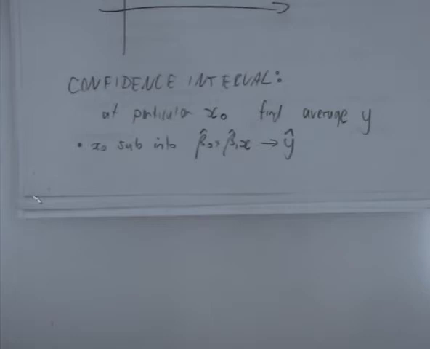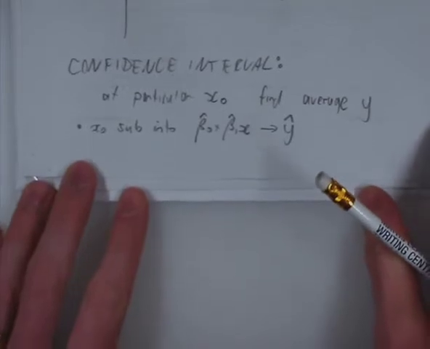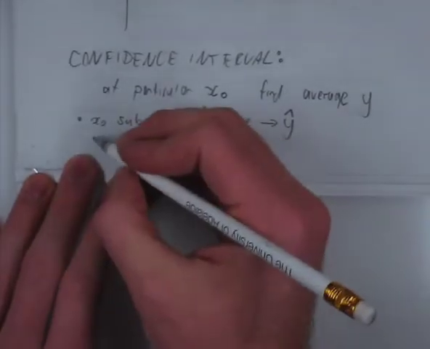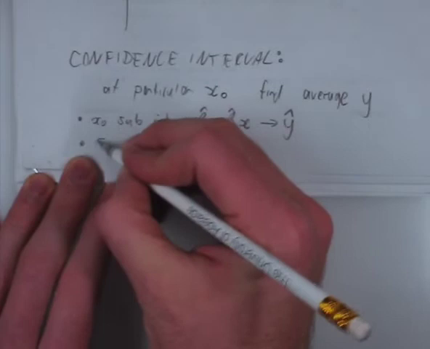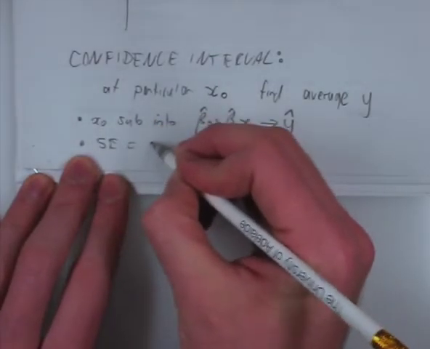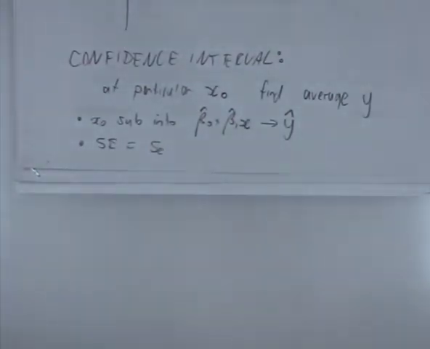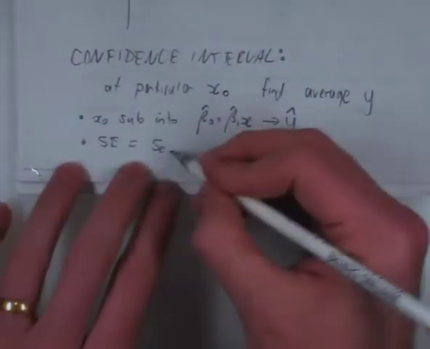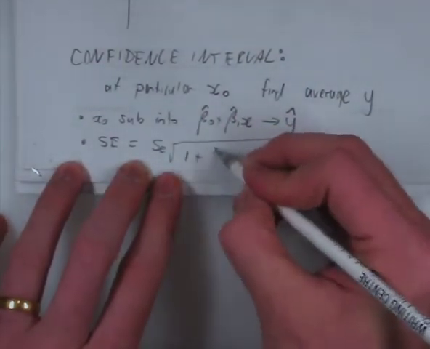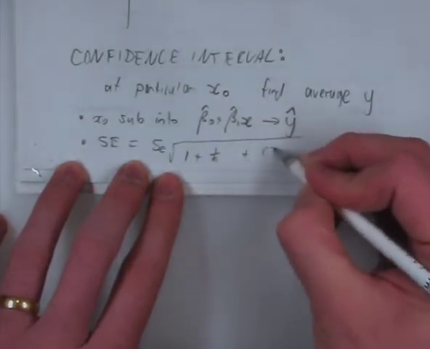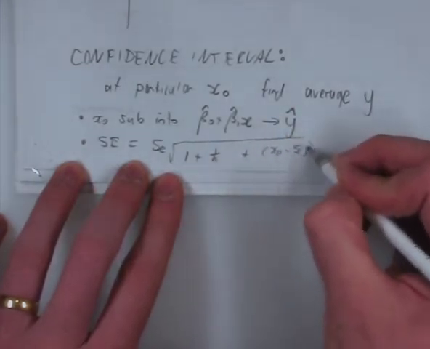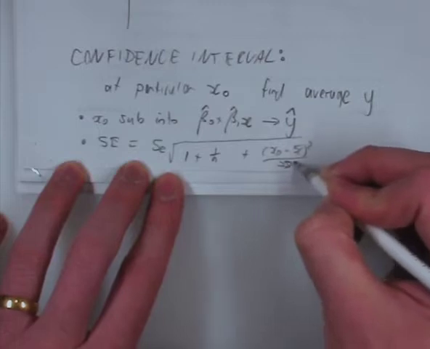And then I'm going to get this standard error formula, and figure out what the upper limit and the bottom limit is. So I get the standard error from my regression, and I multiply it by all of this, including SXX.